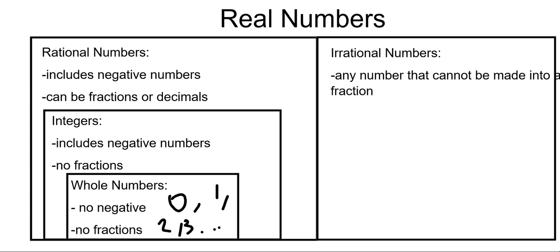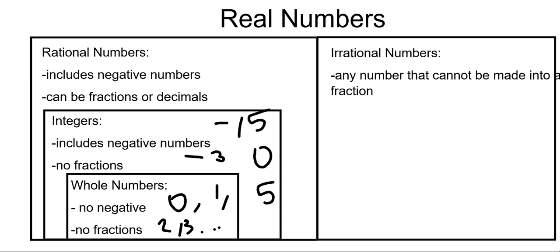After that, we move to integers. So remember, integers can include negative numbers, but still no fractions. So some examples of that would be -15, -3, 0 is still considered an integer, +5 is still an integer, but still no fractions, remember, or decimals.